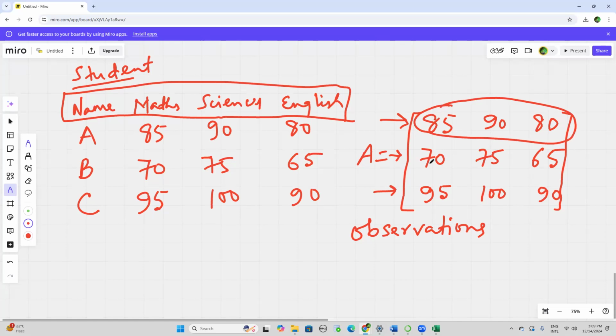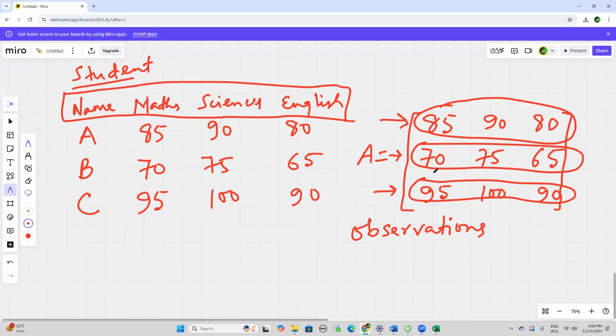A. Similarly, this is the observation of which student? B. Correct. And this is the observation of C. Got it? So when you're representing something in matrix format, we just represent the observations. Or you can also say we just represent the fact data.